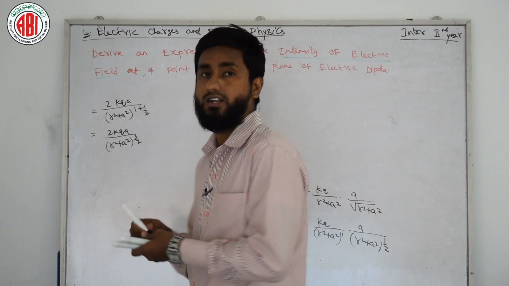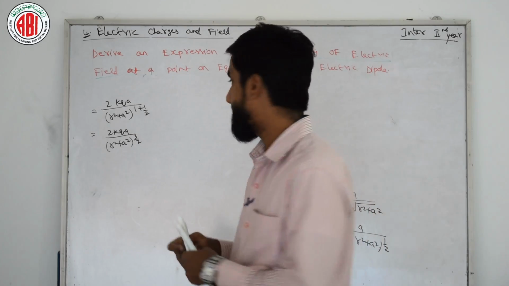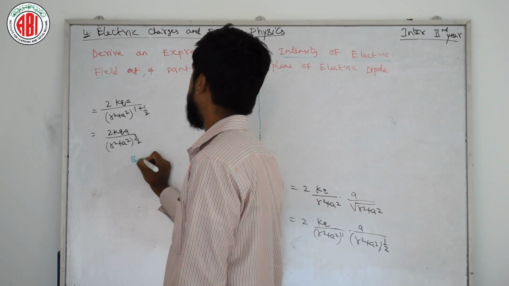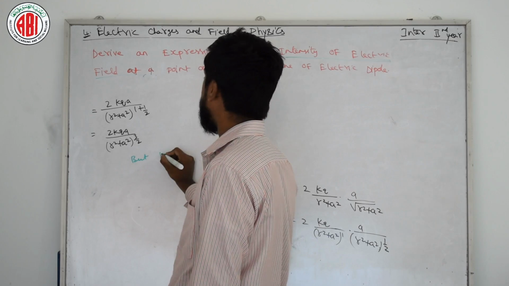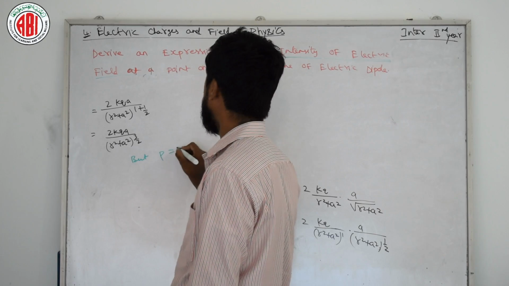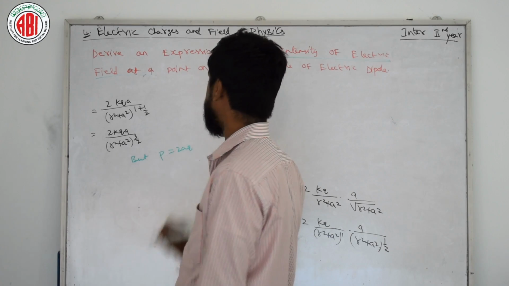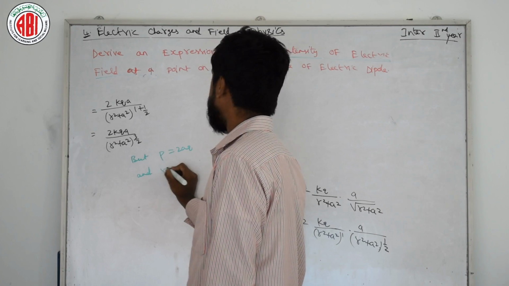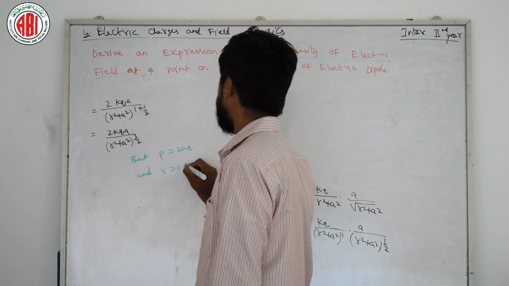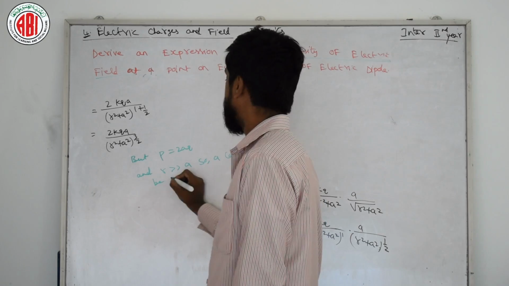But we know that p is equal to 2aq, isn't it? And r is very much greater than a, so a can be neglected.